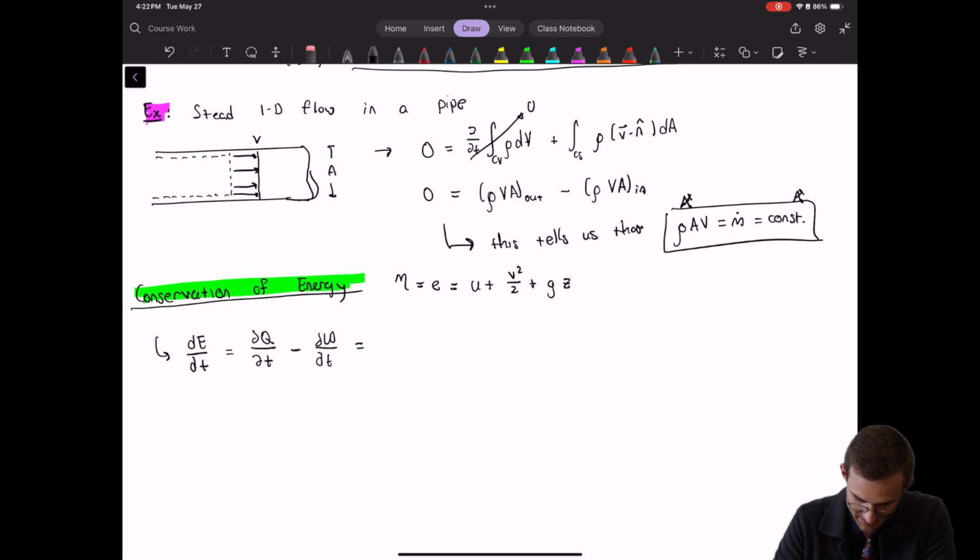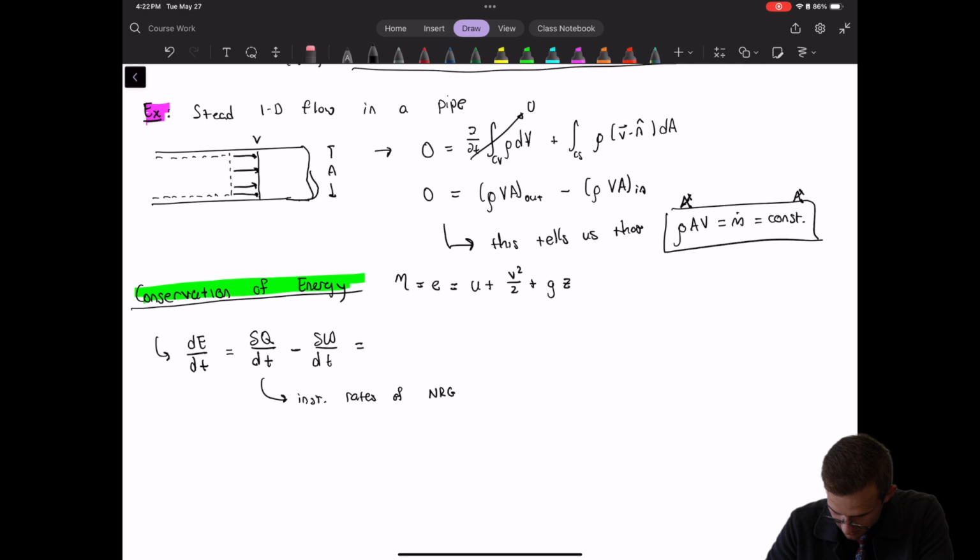There's actually a notation style that you can use where you use the curly delta up top and then a straight delta on the bottom to make it very clear that these are instantaneous rates of energy transfer across system boundaries. System defined by CV, of course.